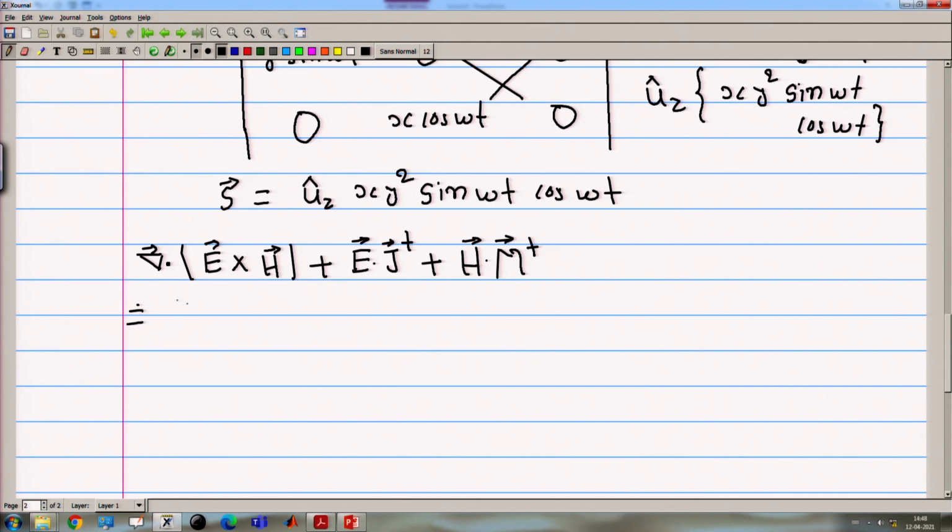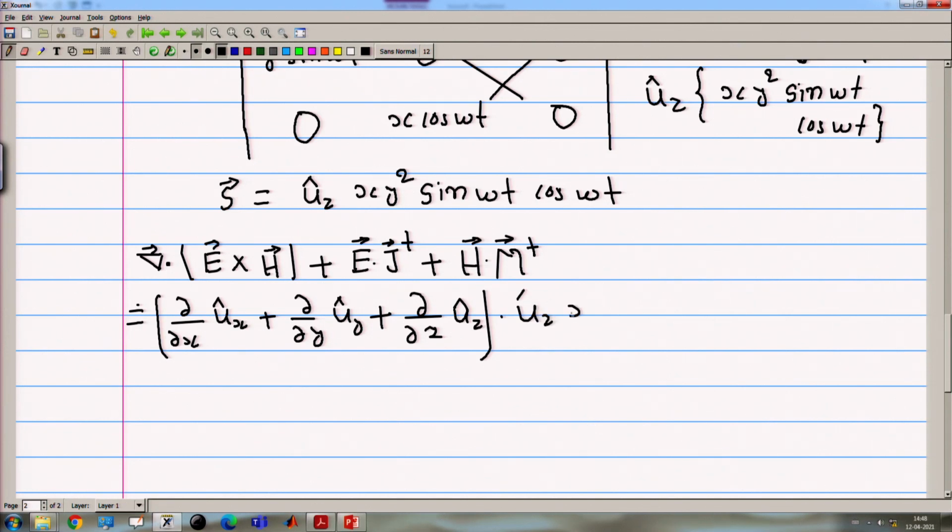So, del is del by del x u x plus del by del y u y plus del by del z u z, and this is dot product with E cross H. E cross H we already found out: this is u z x by a square sin omega t cos omega t. So, this is del dot E cross H, plus E dot J t.